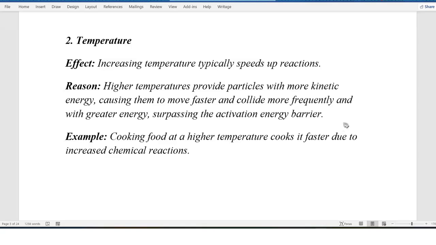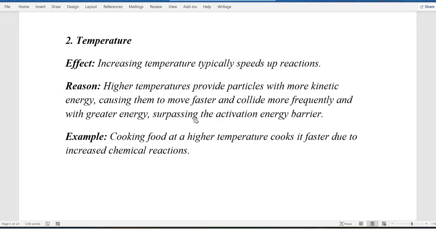So if those bonds don't break so fast, then you'll have a slower reaction. But if you increase the temperature, then you increase the rate at which these particles are moving. Once they gain this kinetic energy and are moving faster, you'll find that this energy is also used in breaking down their bonds.